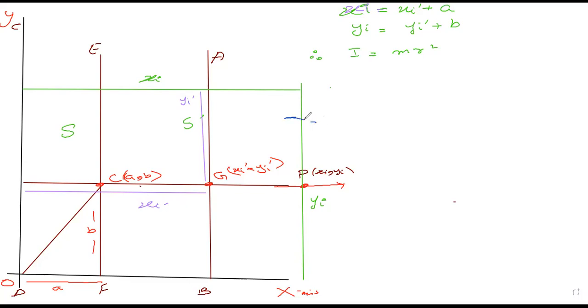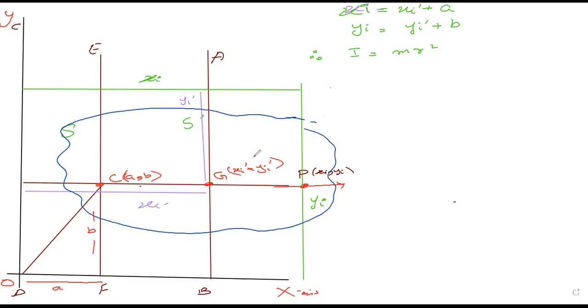I'm drawing here a thin plane lamina in the xy plane, which can be regarded as a collection of many different small masses, say m1, m2, m3. Since it is a rigid body, which is composed of many different masses, let's say each mass is mi.